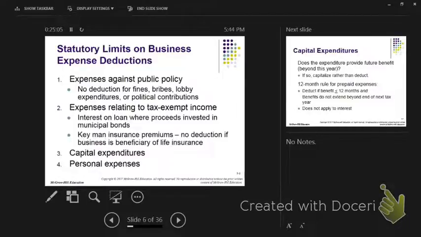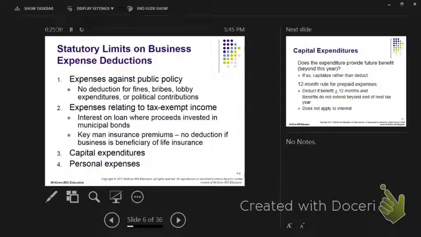Expenses related to tax-exempt income. You cannot deduct interest on a loan where the proceeds are used to invest in a municipal loan, and you cannot deduct what they call key man life insurance premiums. That is when you have life insurance on somebody where the beneficiary is the business.